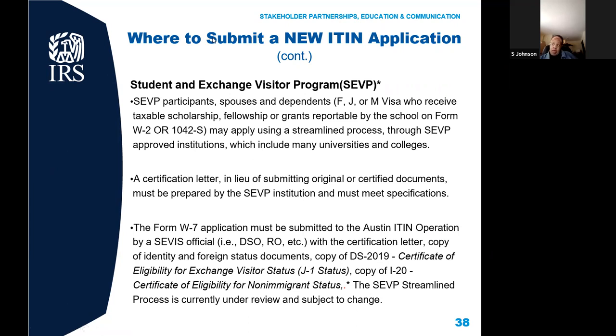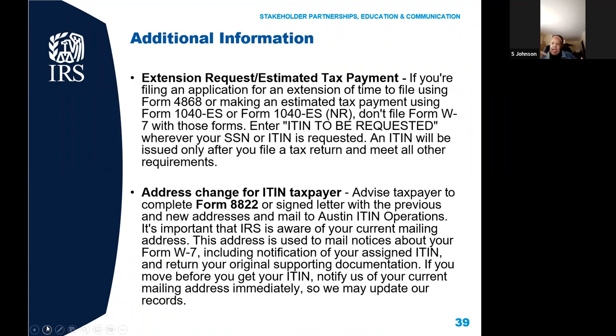Another program is the Student Exchange Visitor Program. Major universities have this program, and that office assists from beginning to end. Normally the students and researchers know about this program, and they process those applications and get them to the IRS.